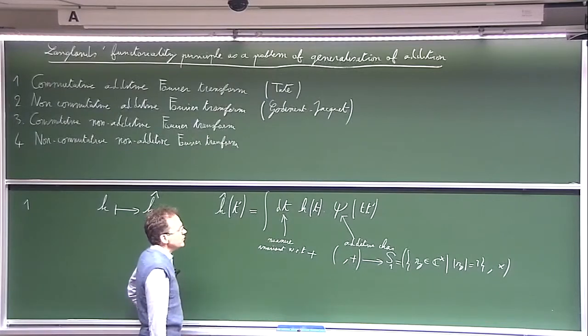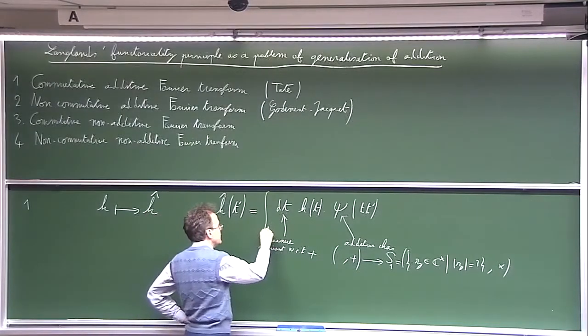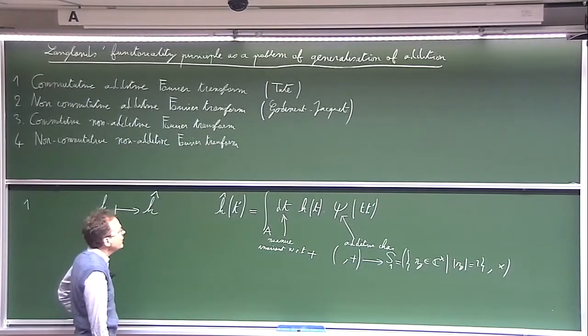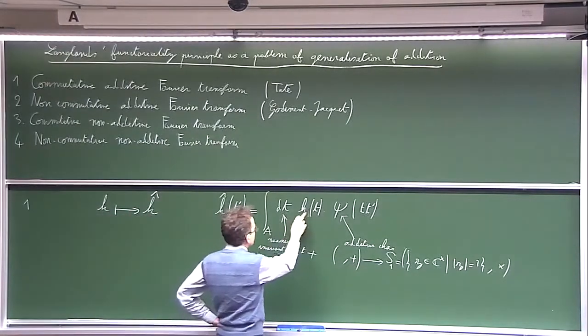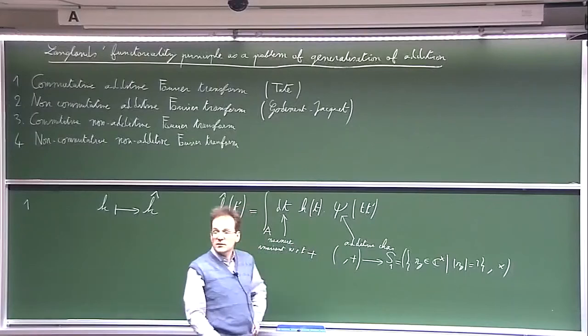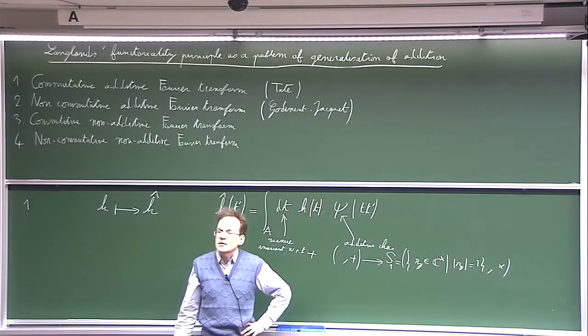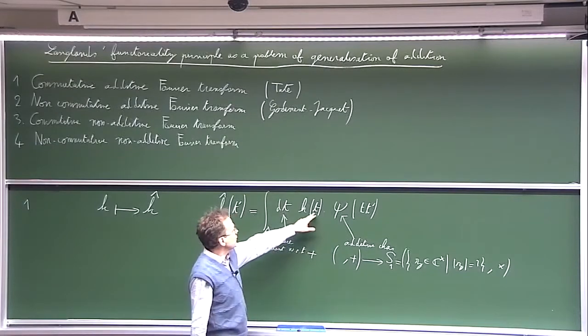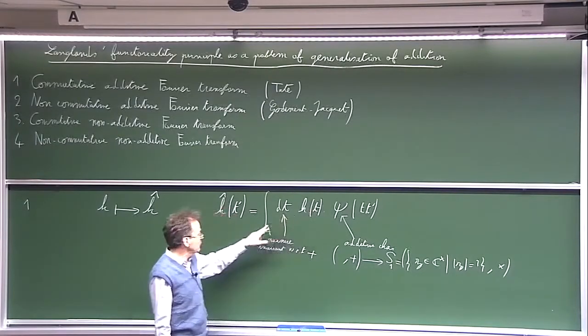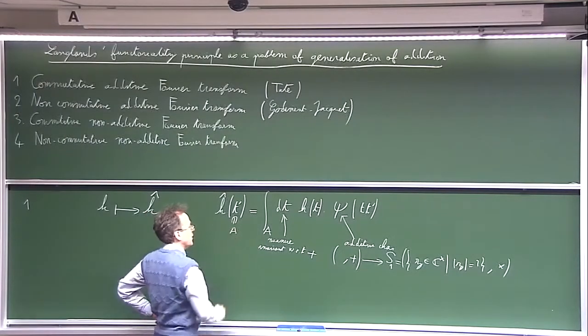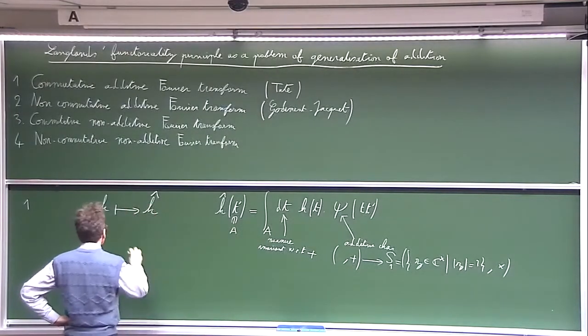So, of course, here I want to integrate upon some space A. So t will be a variable belonging to the space A, and here this also belongs to A. So what can be A?